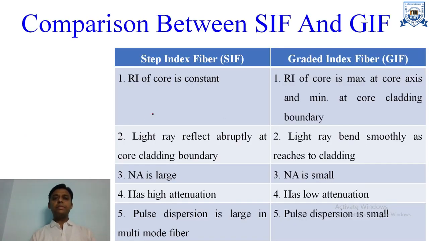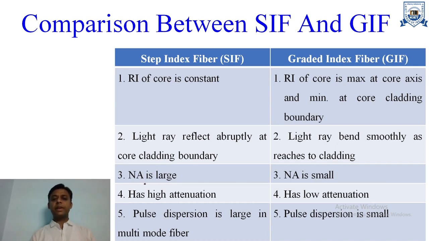Now comparison between step index fiber and graded index fiber. In step index fiber the refractive index of the core is constant, but in graded index fiber the refractive index of the core is maximum at the core axis and minimum at the core-cladding boundary. In step index fiber light rays reflect abruptly at the core-cladding boundary, but in graded index fiber light rays bend smoothly as they reach the cladding.